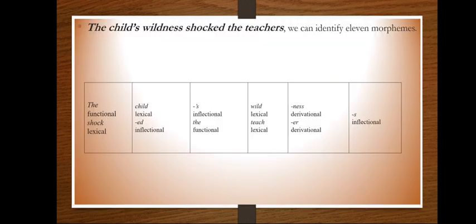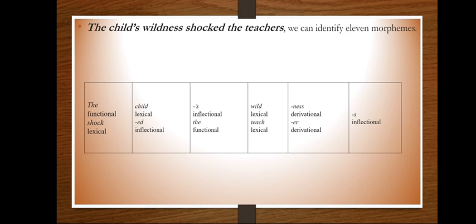Now here we have the morphological description of this sentence. Whenever you are doing morphological description, you have to identify whether the morphemes used are free morphemes or bound morphemes. In free morphemes you have to identify whether they are lexical or functional, and in bound morphemes you have to identify whether they are derivational or inflectional.